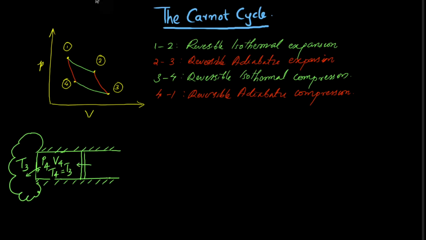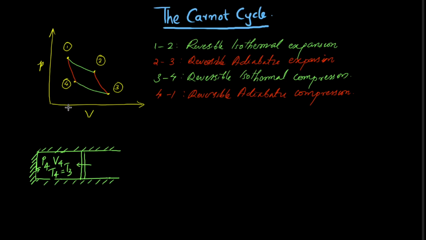At point 4, again the reservoir is removed and the cylinder head is insulated again, and the gas is allowed to compress further, so that work done on the gas will increase the internal energy of the gas.